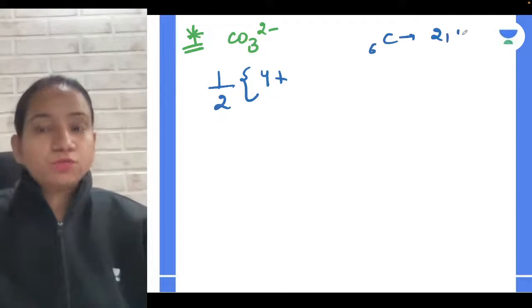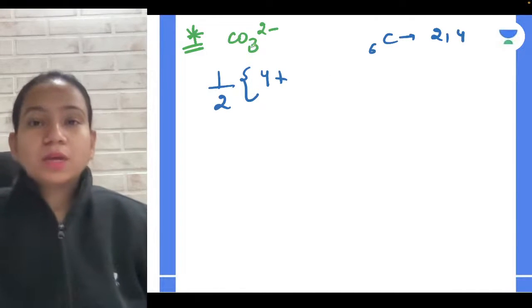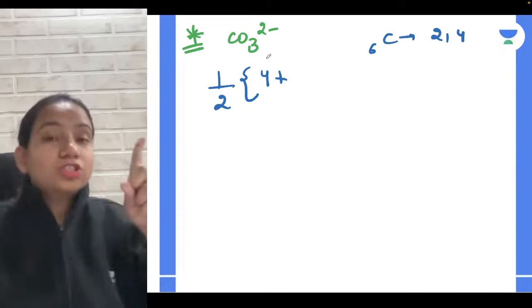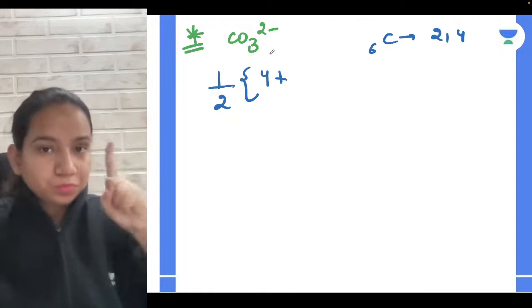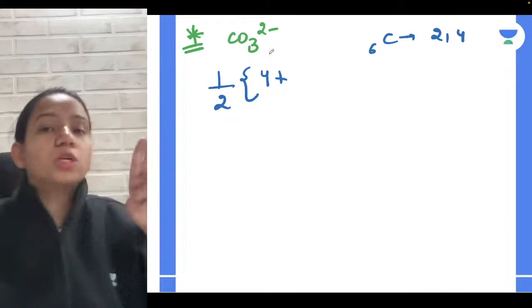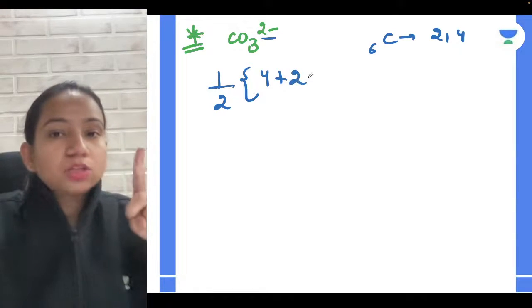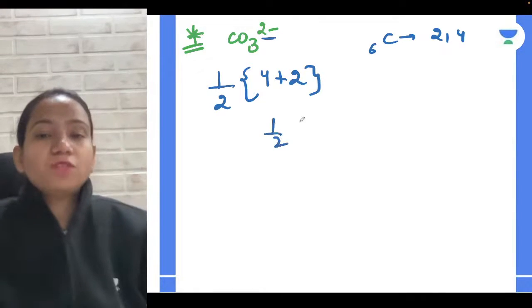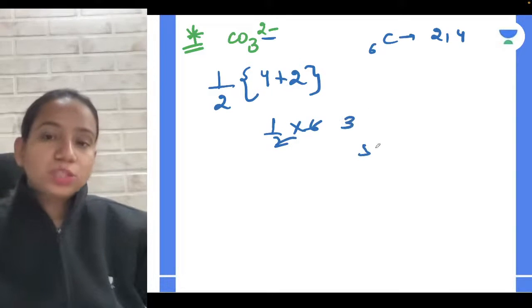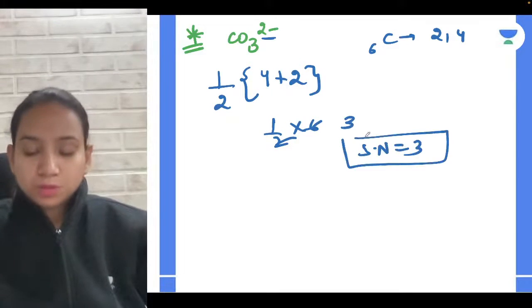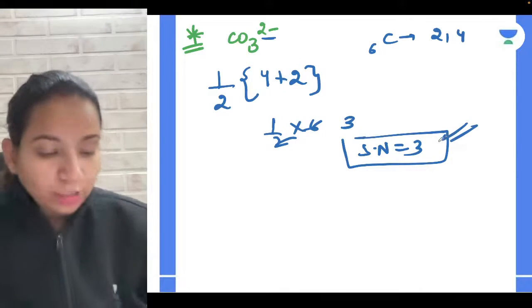Atomic number is 6, so 4. Plus oxygen. Oxygen is divalent, remember that. They make 2 bonds, so you won't be considering oxygen. There is a 2 minus charge, so you are going to add it. So half of 4 plus 2, you get half into 6, which is 3. So the steric number is 3. It's so simple. Got that, guys?